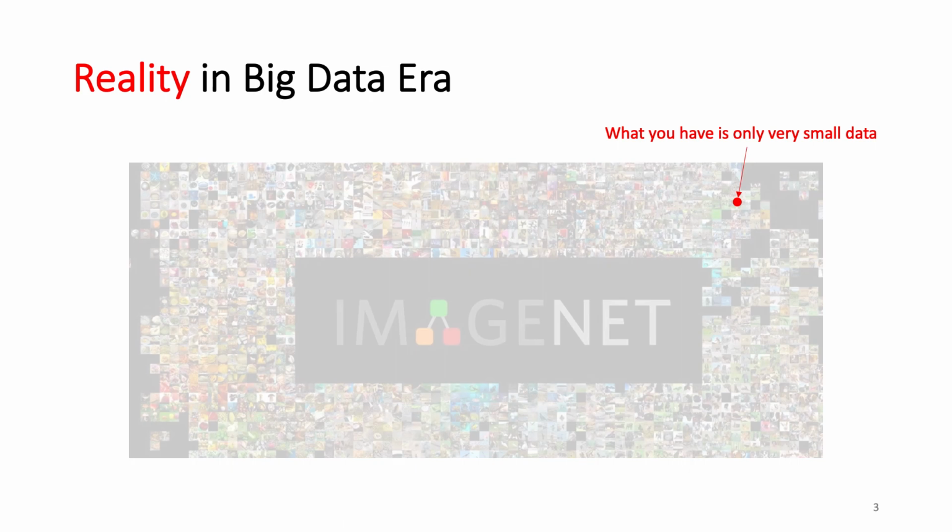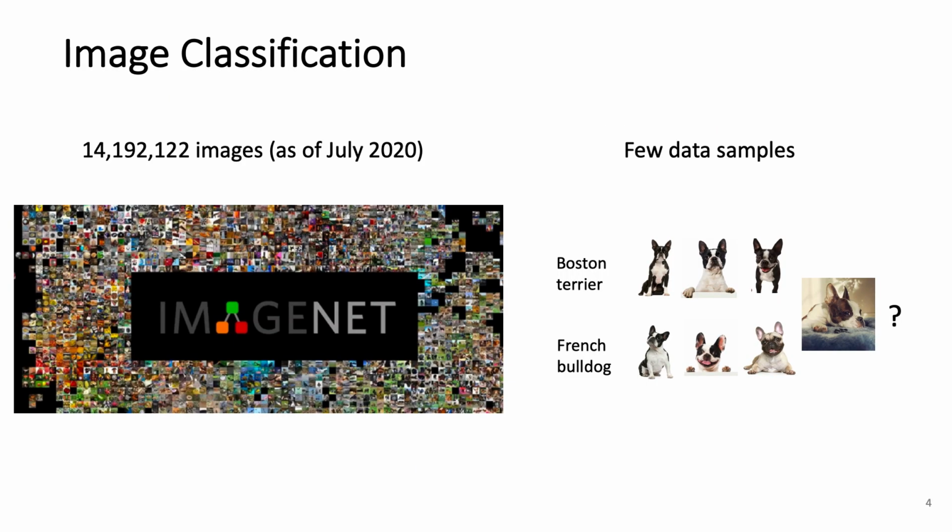Take image classification, for example. Say, even though we have more than 14 million images on ImageNet, maybe the task we care about is to classify these two types of dog, which look very much alike, Boston Terrier and French Bulldog.